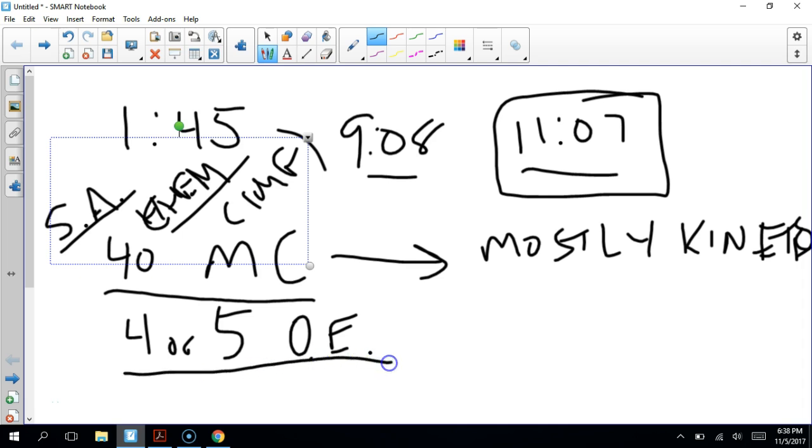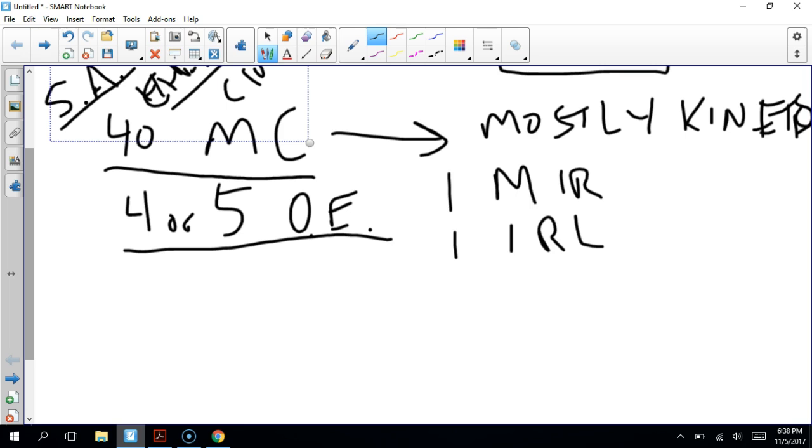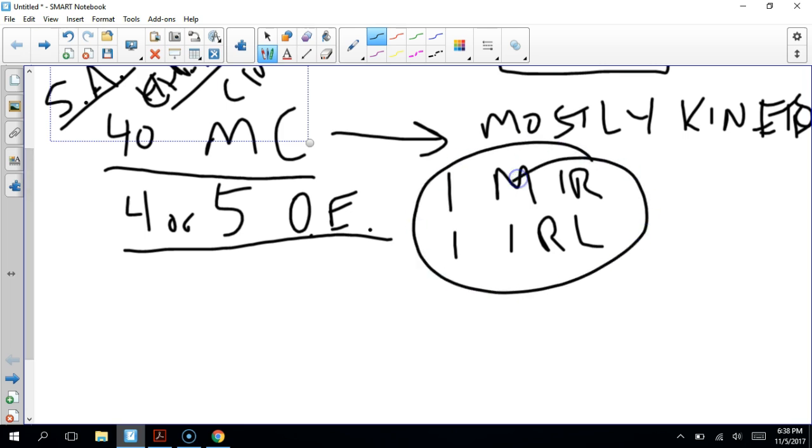Now, in terms of the open-ended questions, you know that there's going to be at least one method of initial rates, and you know that there's going to be at least one integrated rate law question. And when I give those questions, or when I find them, my goal is not to make them tricky. My goal is to make them encompassing, making sure that they reflect what the AP exam is.